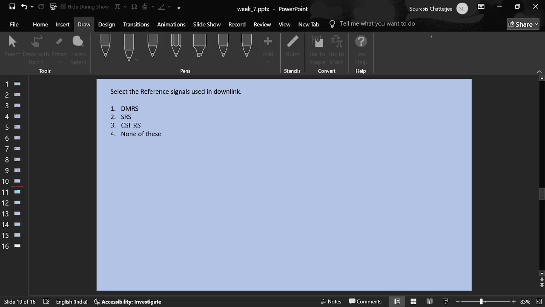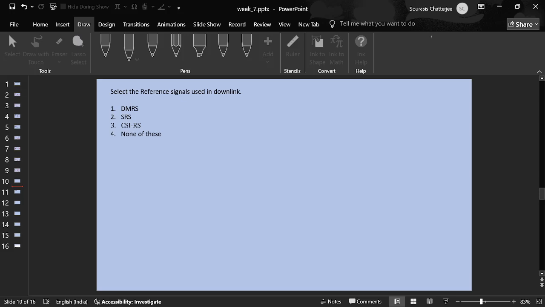So we will be estimating the channel at downlink and send back the MCS. So you are saying the base station transmits this CSI-RS, and the user will estimate the channel condition basically and feed back the MCS. Fine.